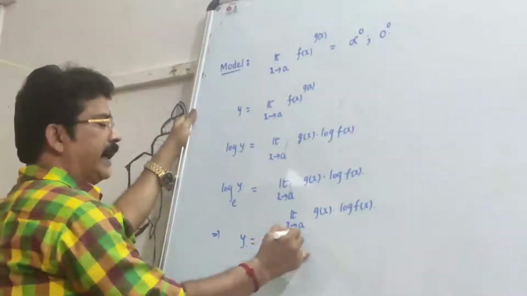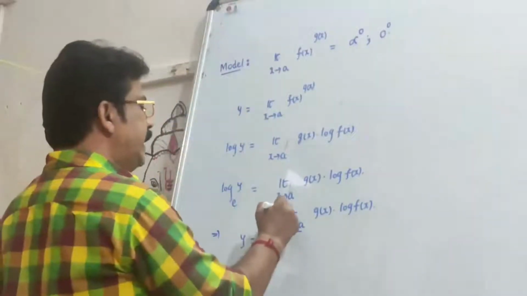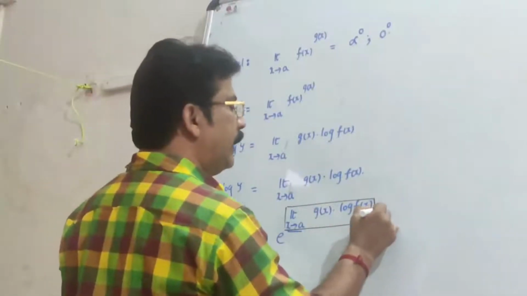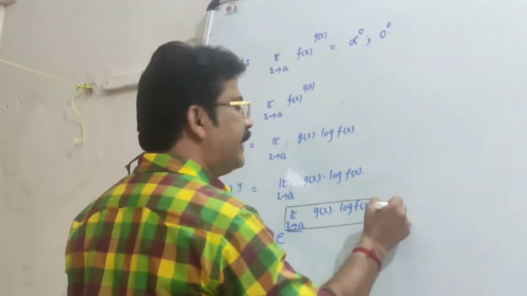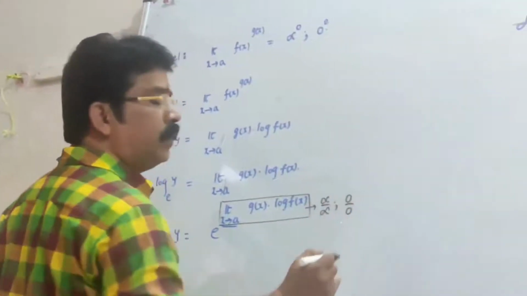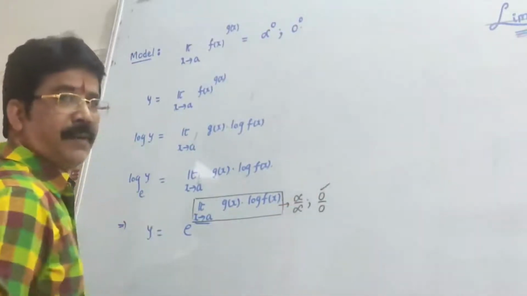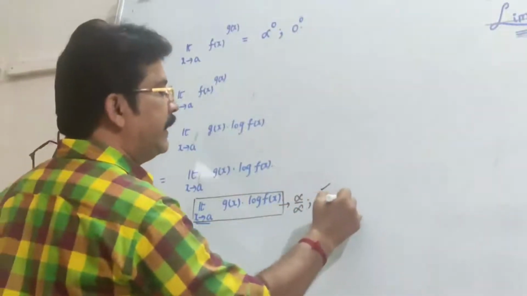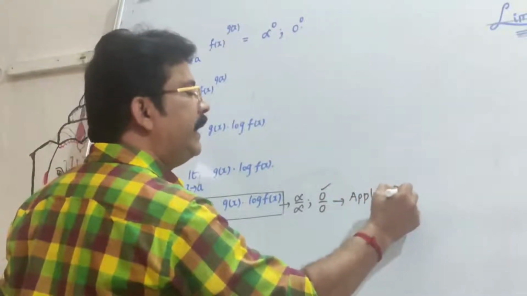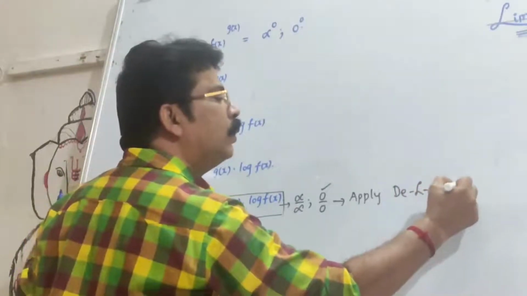After putting x equal to a, if this value is either infinity by infinity or 0 by 0, 99.99% we put it in the form of 0 by 0. Then apply L'Hospital rule.